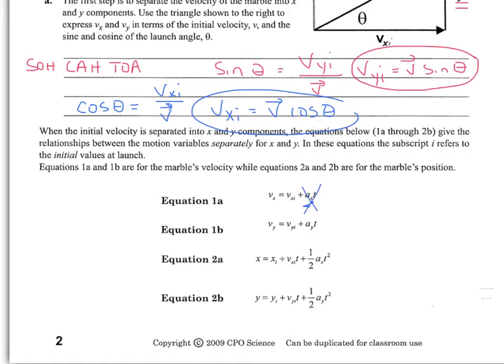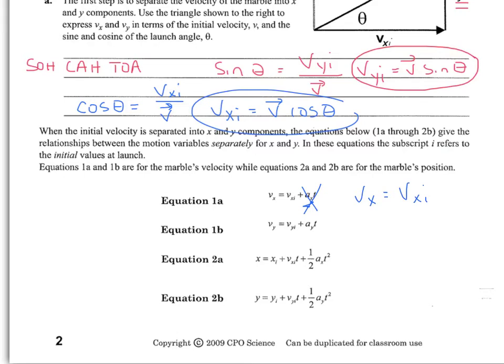So this entire term will be equal to 0. So Vx is going to equal Vxi. The horizontal velocity is equal to the initial horizontal velocity that came from the marble launcher. It doesn't change. That is the inertia of the object.